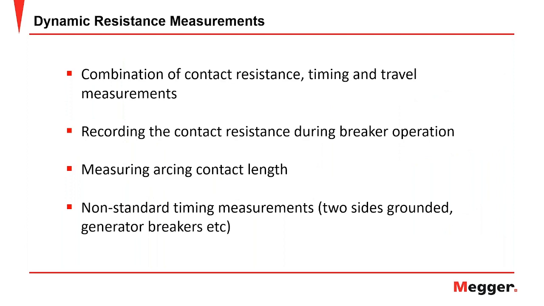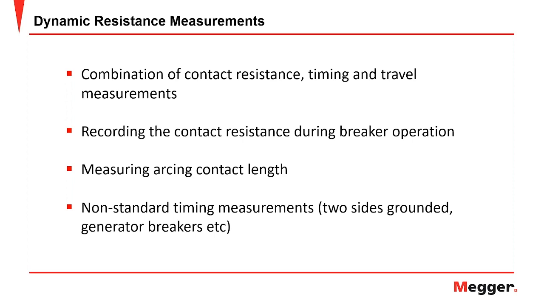As I mentioned, the first type of test, contact resistance, can measure the condition of the main contact of the circuit breaker, but with the main contact you have connected an arcing contact, which is quite important to measure.